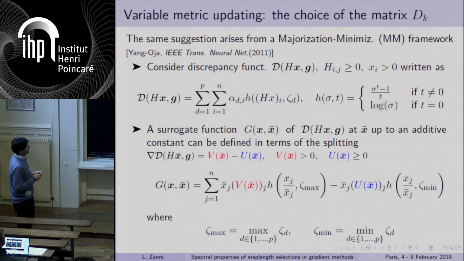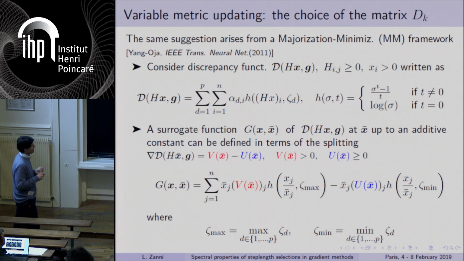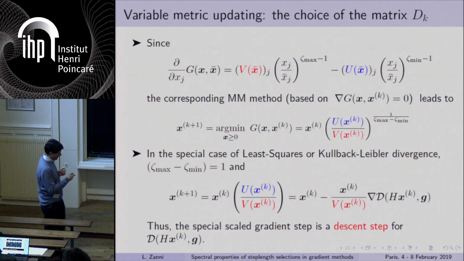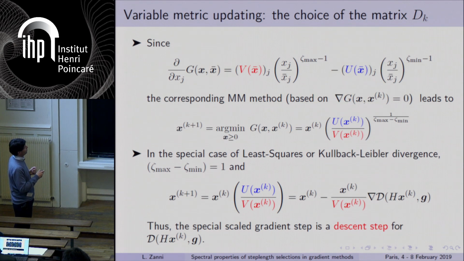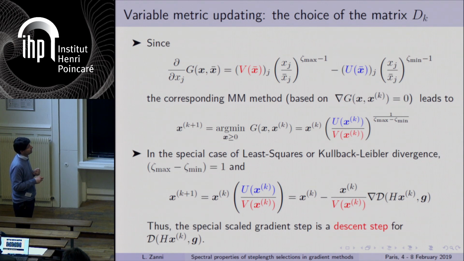Given this discrepancy function, it is possible to define a surrogate function up to an additive constant by exploiting just the splitting of the gradient of the discrepancy function in its positive and negative part. This is the expression of the surrogate function. Then, given the surrogate function and taking into account the special form of its gradient, if I exploit a majorization minimization approach to solve the minimization problem, then I find this special multiplicative algorithm.